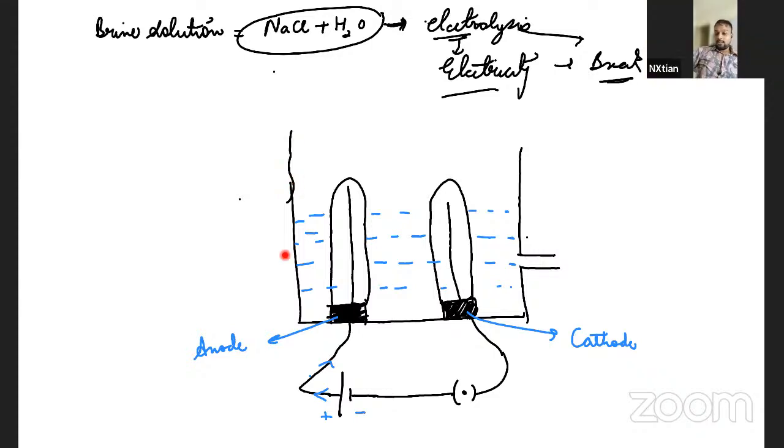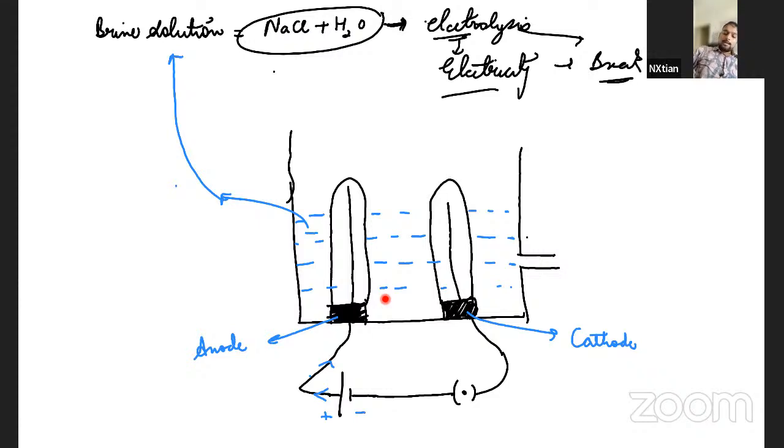What I did, I took a flask and I added the brine solution into it. What solution? Brine solution. Now, what is brine solution? I just told you now. Brine solution is a mixture of salt, common table salt, and water. So I took this brine solution in that vessel. Okay, understood, guys?